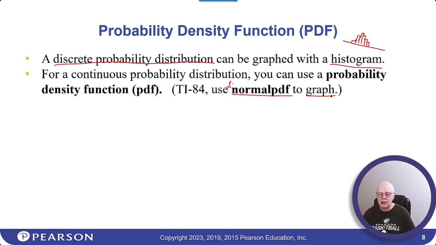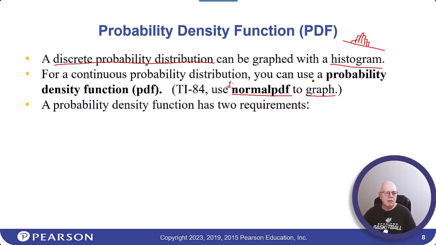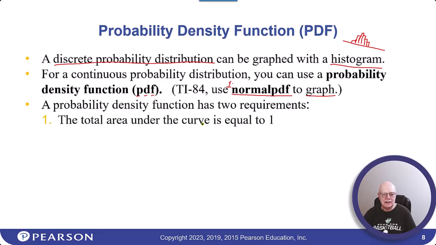You're probably not going to use it at all in this entire semester. Now the probability density function, that's what the PDF stands for, has 2 requirements. First of all, the area under the curve is equal to 1. Does that sound familiar? Mentioned that before. The function can never be negative. That means it never touches or crosses the x-axis. Remember those two. Very important.